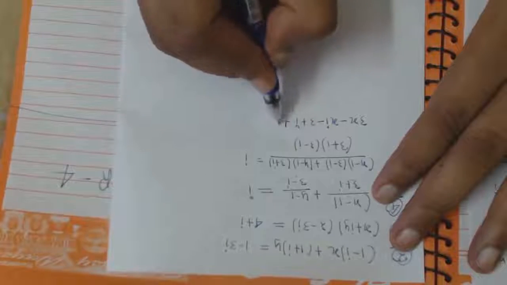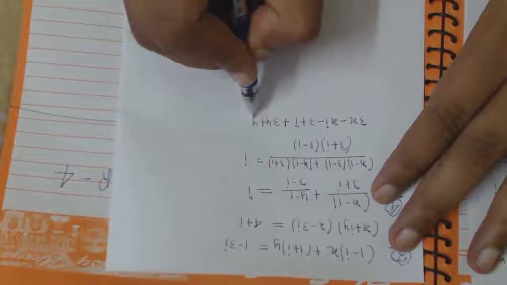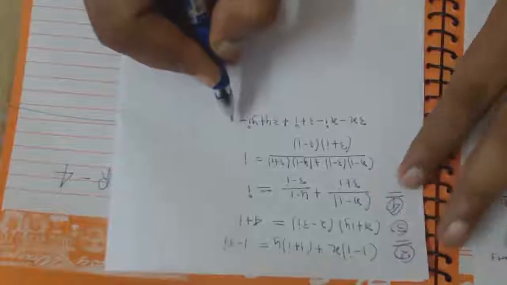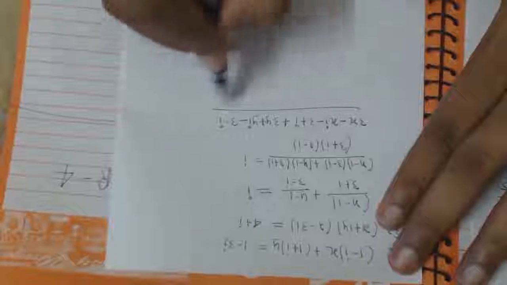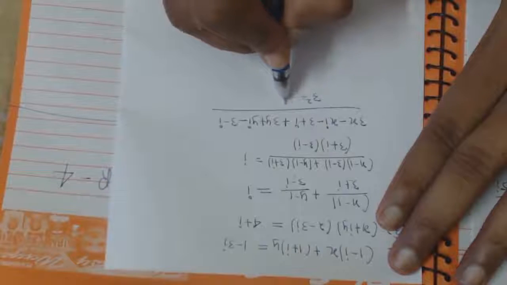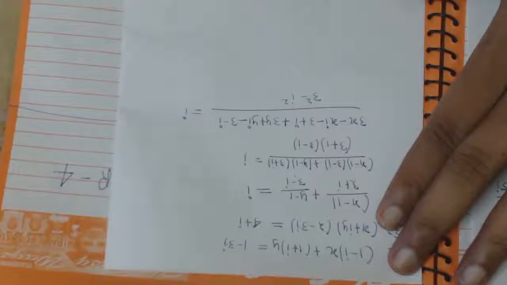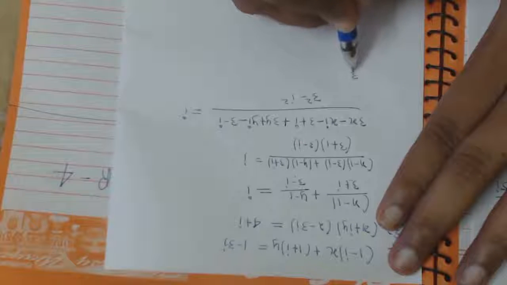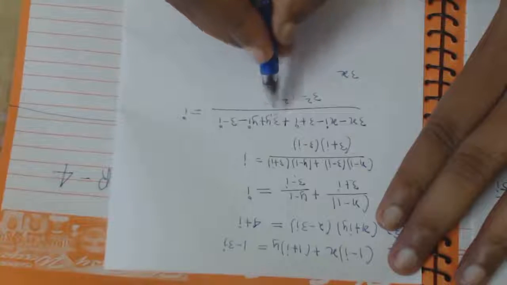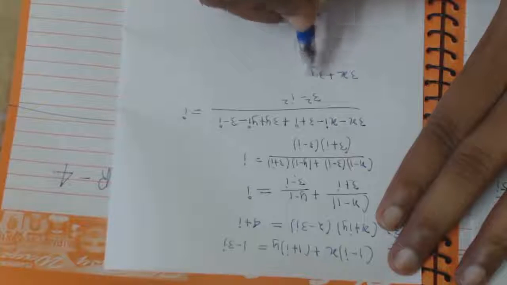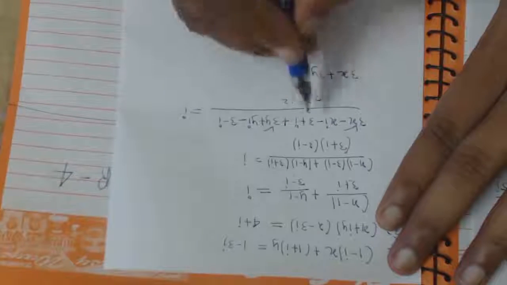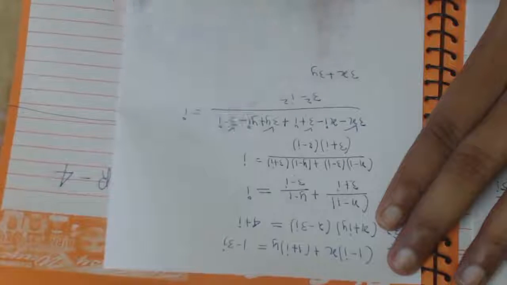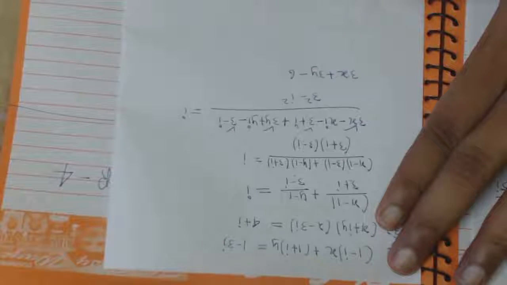Now 3y plus y iota minus 3 minus iota over 3 square minus i square is equal to i. This 3x, this 3y, minus 3 and minus 3 are the real parts.